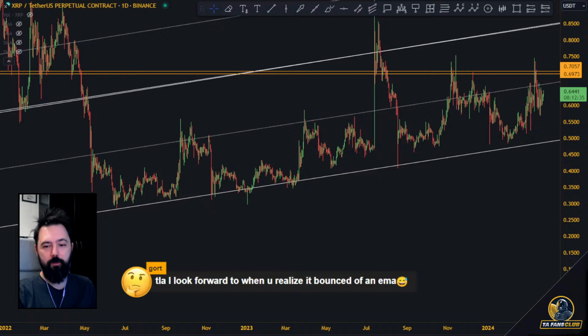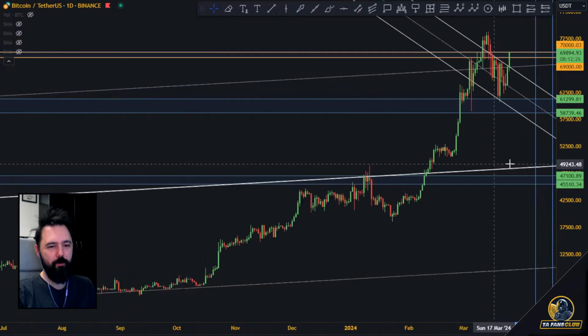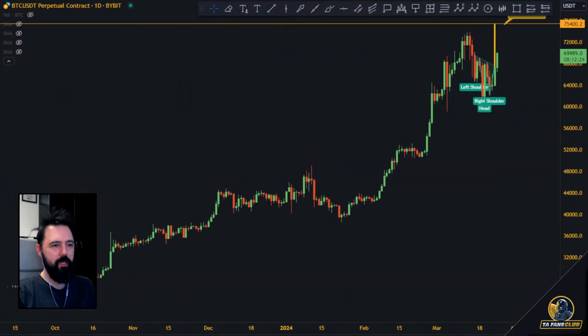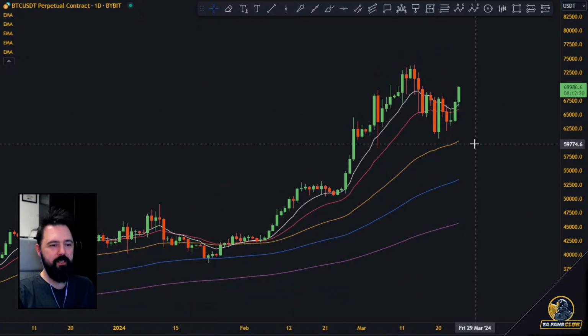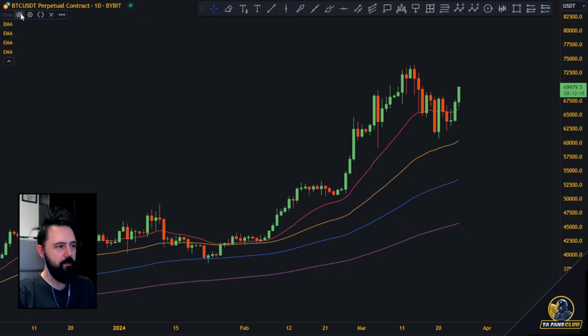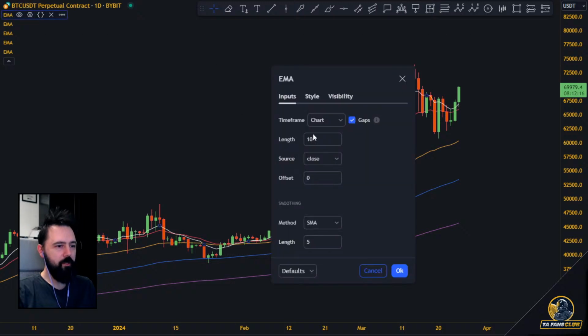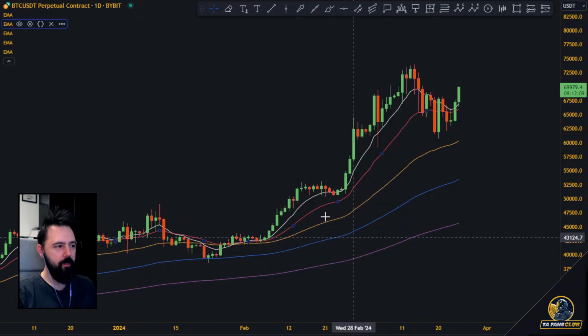I look forward to when you realize it bounced off an EMA. Which one? Bitcoin bounced off an EMA. I mean, there is always some kind of EMA. Look here, man. Look how many EMAs there are. Like 10, 20, 50. Is this 10? No, EMAs are 9 EMA, and they don't use 20, they use 21.